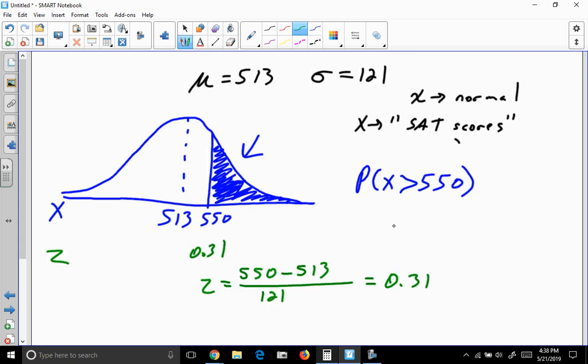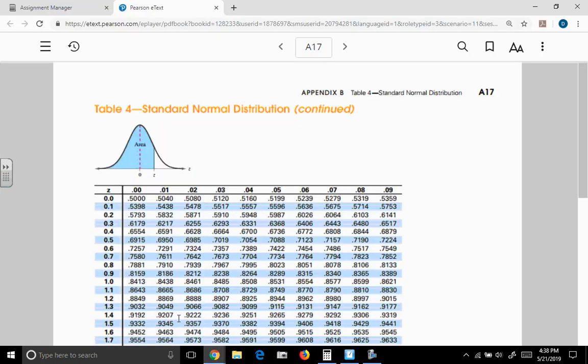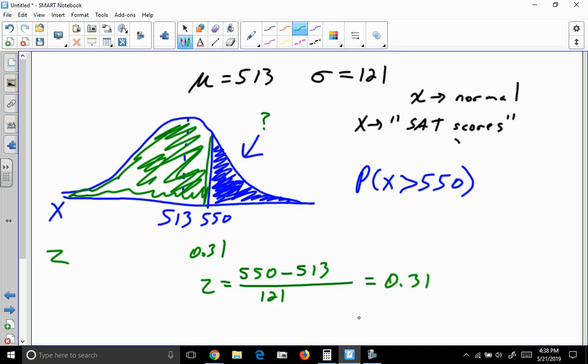So we want to find out what this area is. If we go to our table and look up 0.31, the area to the left of 0.31 is 0.6217. We want the other portion, so the complement. This probability is equivalent to the probability that z is more than 0.31.